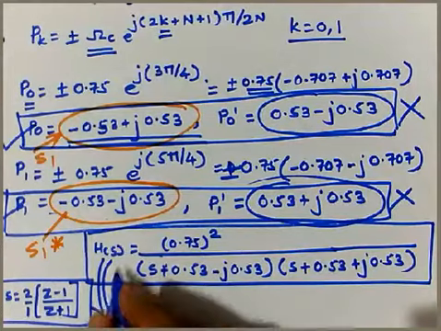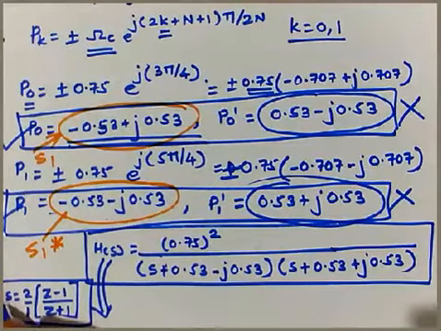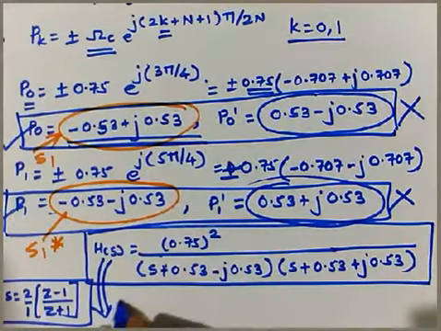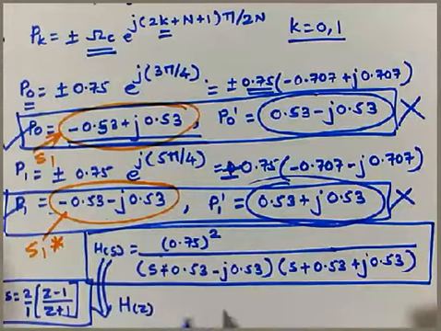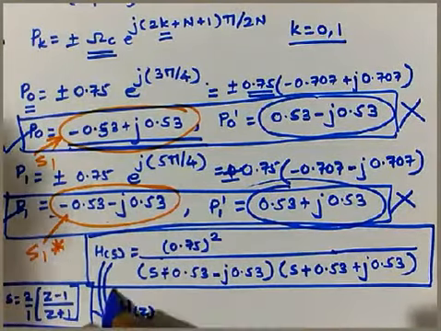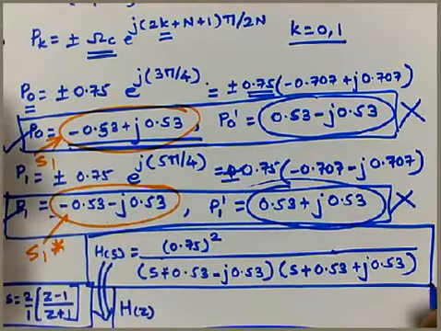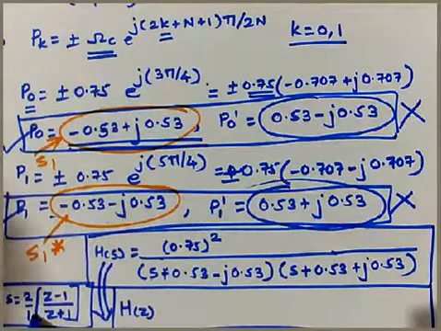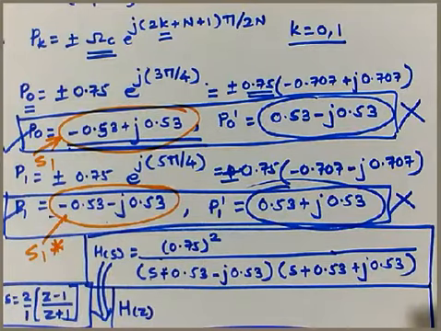Just by replacing s with this term, it will give H(z). So on solving this further, we obtain H(z) by putting the value for s as 2(z − 1)/(z + 1).